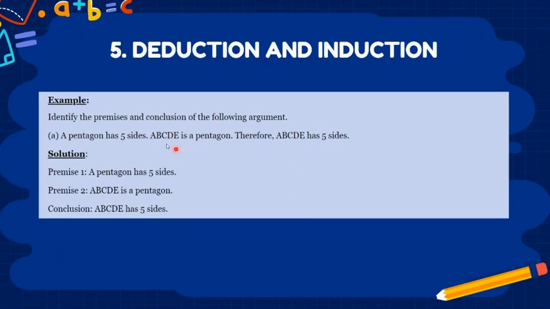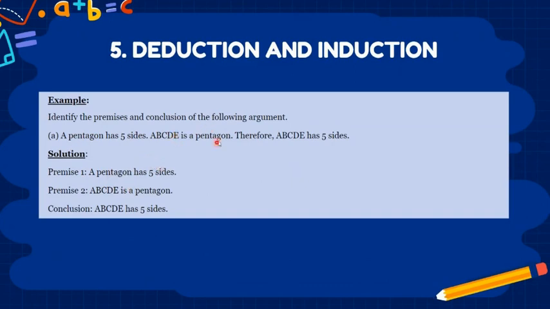Right now we can see the solution. For this one, we have 3 sentences here, and we must determine which ones are premises and which one is the conclusion. Usually the premise will be more in the form of statements. The first sentence is: a pentagon has five sides.